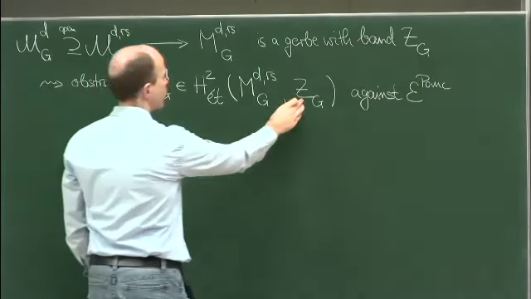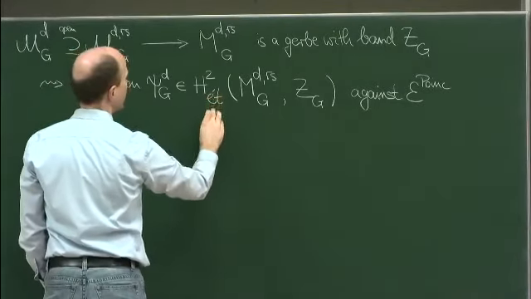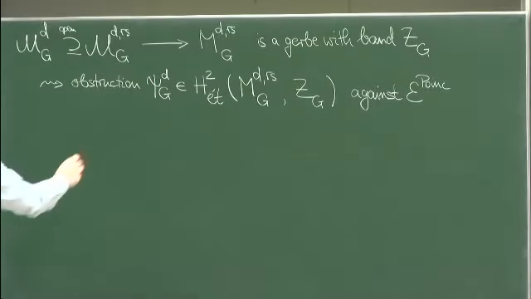So this Z_G is of multiplicative type, so we have here a product of G_m's and mu_r's. So this is more or less a tuple of Brauer classes. The obstruction is a tuple of Brauer classes.